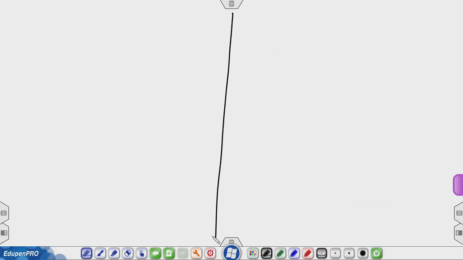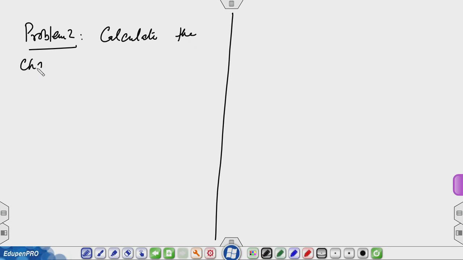Next, calculate the change in Gibbs energy of ethanol.